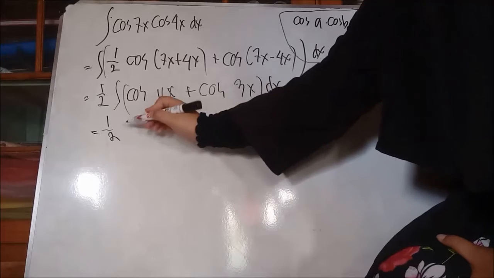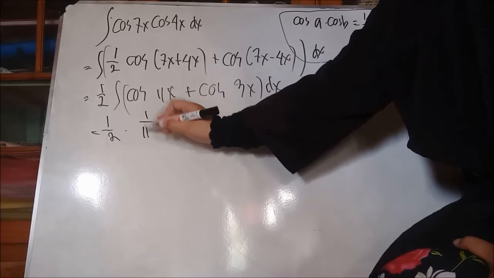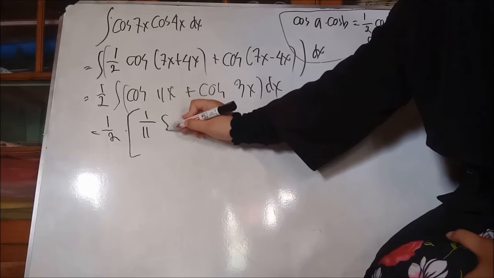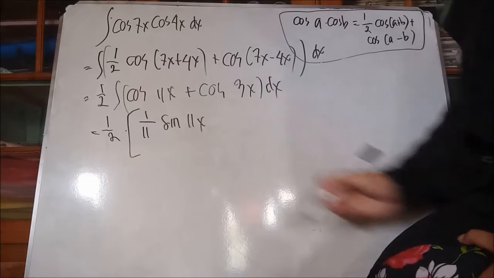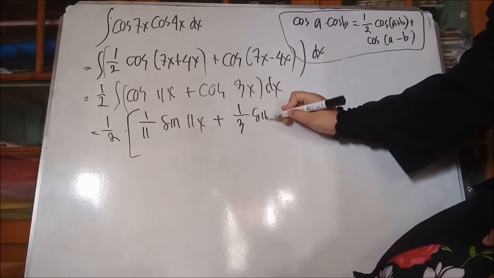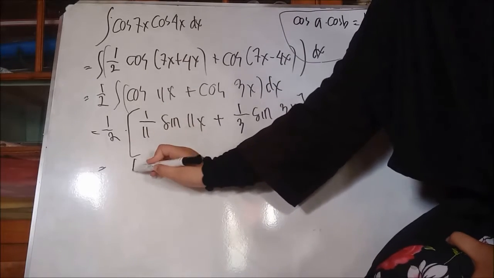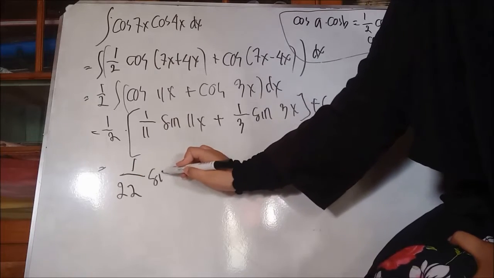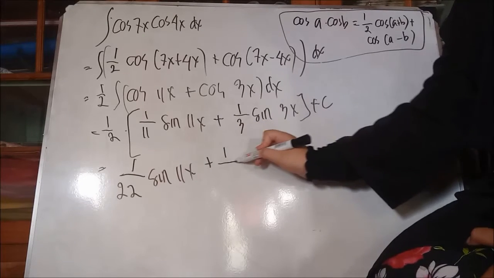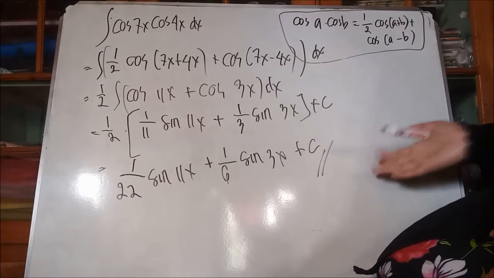This is half, and the integral of cos 11x is equal to 1 over 11 sin 11x, plus 1 over 3 sin 3x plus c. So we get 1 over 22 sin 11x plus 1 over 6 sin 3x plus c. So this is the result.